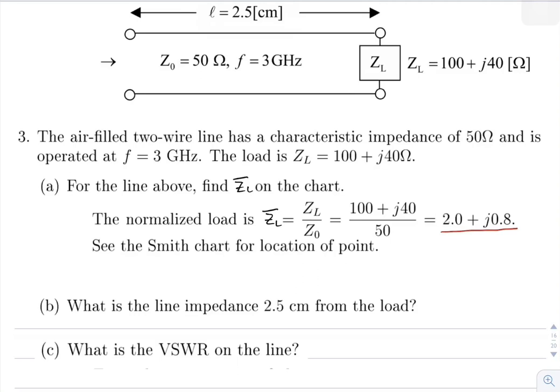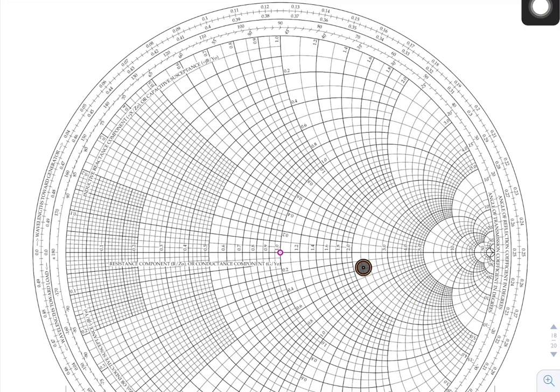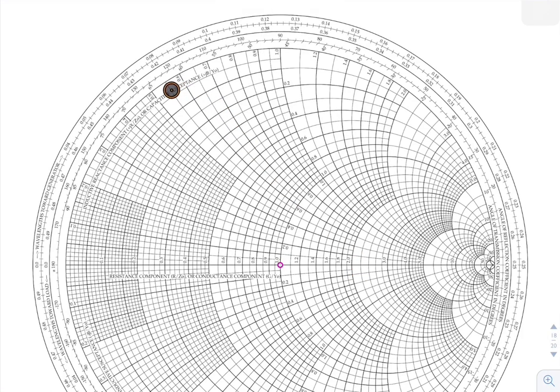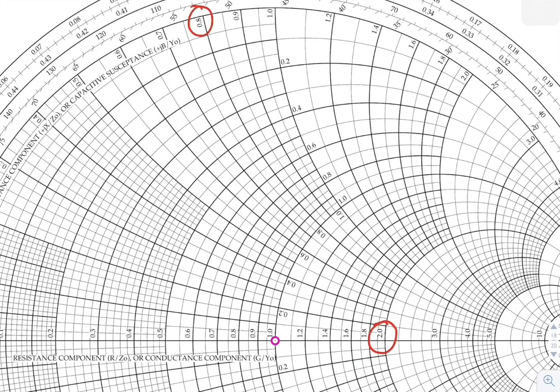On the Smith chart, R equal to 2.0 and X equal to 0.8. R equal to 2.0 means this part on the Smith chart, and X equal to 0.8 means this point. Now the intersection of these two lines is this point.